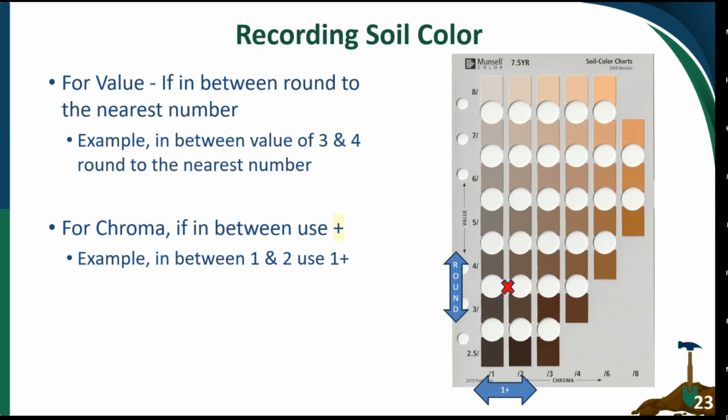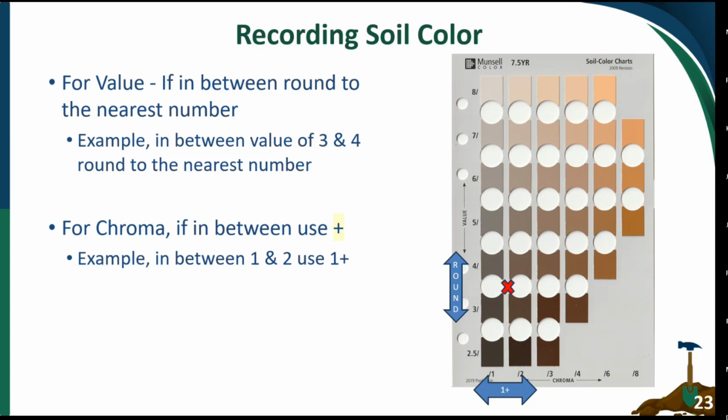So you would round your color to a value of 3, and it would meet the value requirement of the indicator. Then for the chroma, you have a color between a 1 and a 2. It doesn't matter which chip is closer. It only matters if the chroma has exceeded a chroma of 1 or not. Because it's between a 1 and a 2, you would record that as a 1 plus.